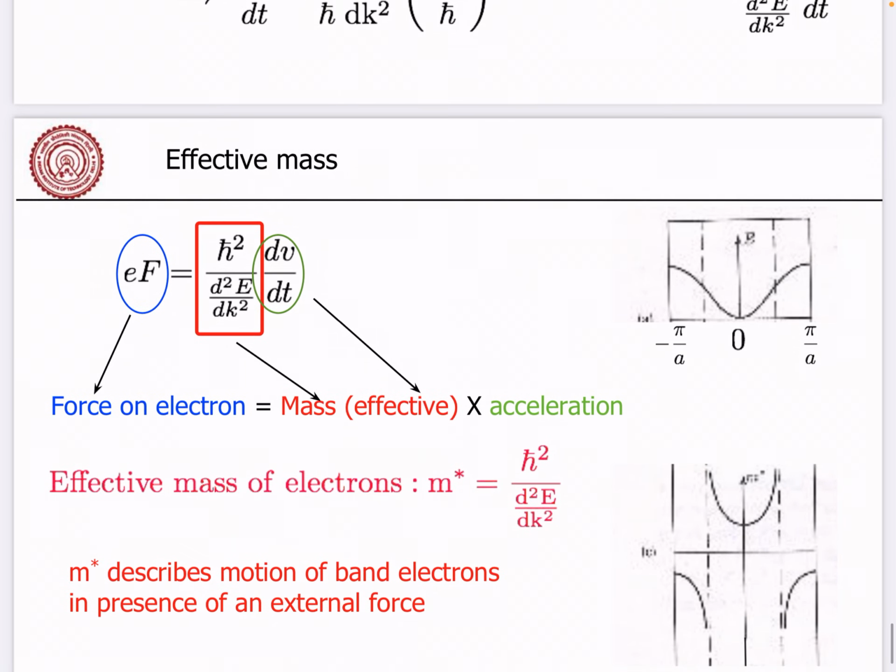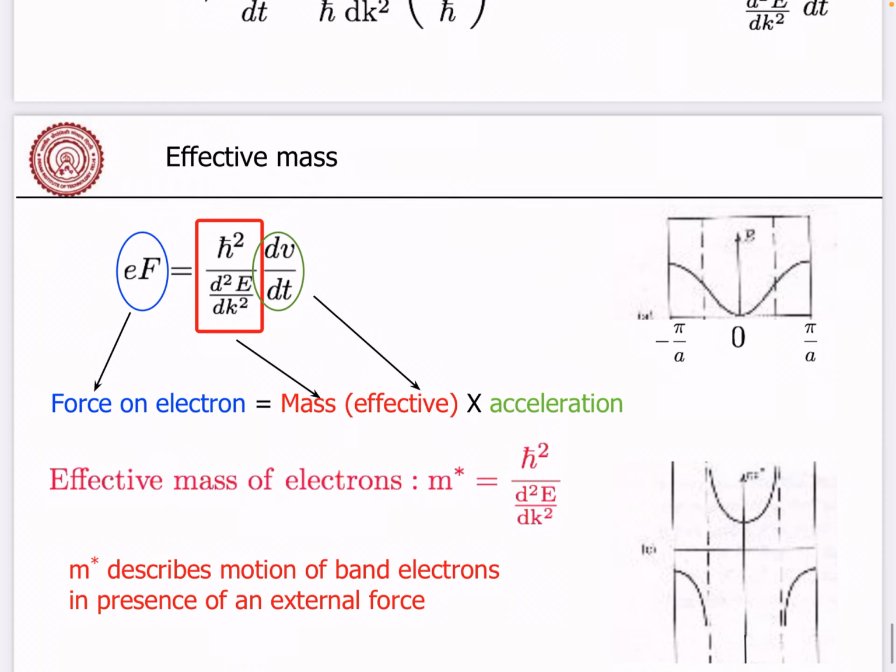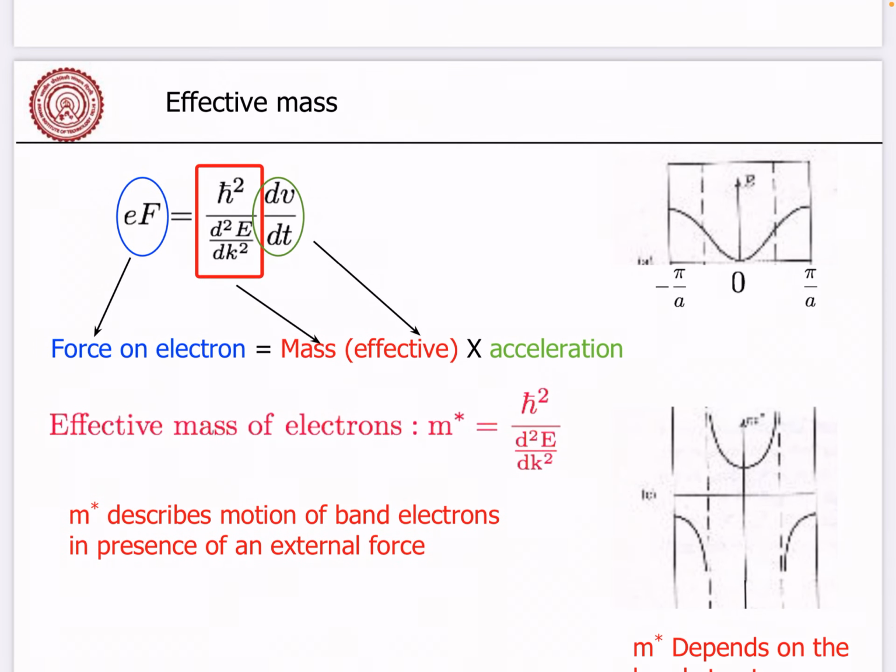So this is equivalent to the electron mass, and this is called the effective mass of electrons, given by m star, and m star is h-bar squared by d2E/dk2. So what it means is that the effective mass of an electron is dependent on the band structure, how the energy of the electron behaves as a function of k values within the Brillouin zone. So effective mass depends on that.